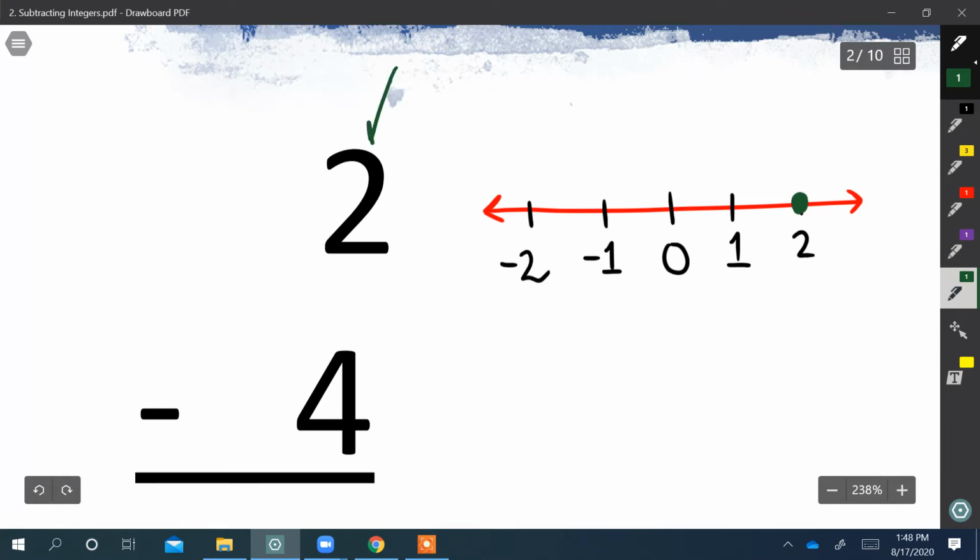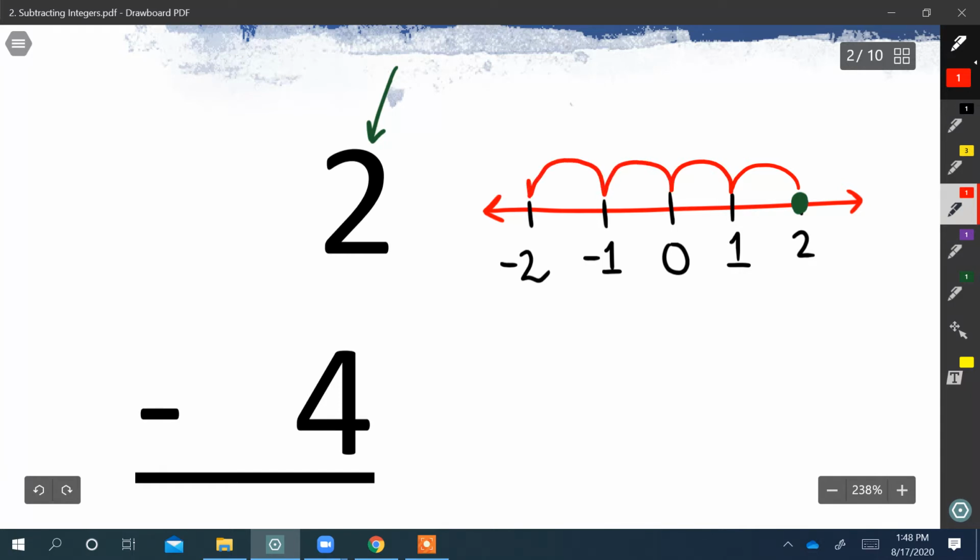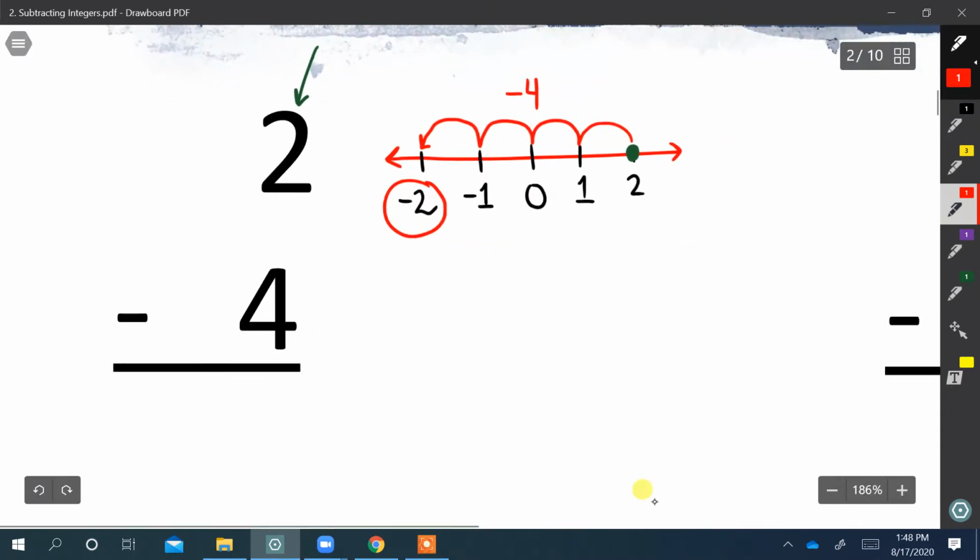But then I'm being asked to take away 4. If I'm asked to take away 4, that means I must go backwards. 1, 2, 3, and then 4. I'm taking away 4. That means that my final answer must be negative 2.